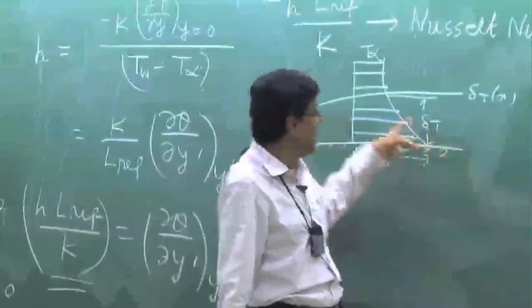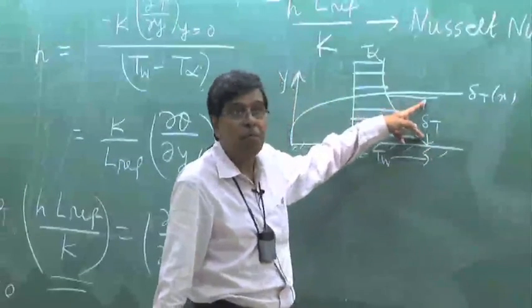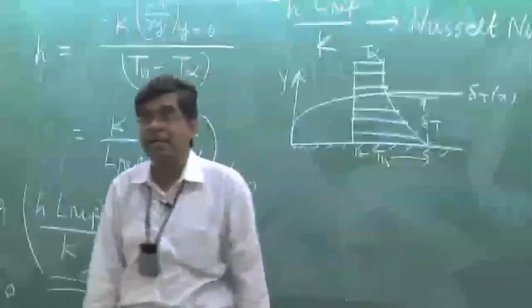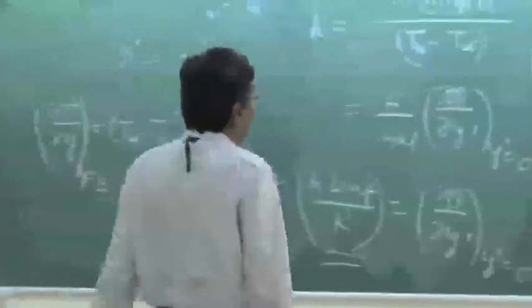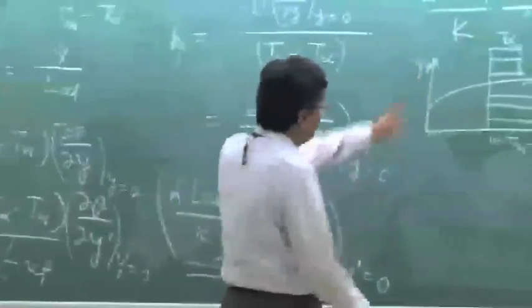The normalizing dimension is taken as the boundary layer thickness, delta T. So L reference is taken as delta T in this case.